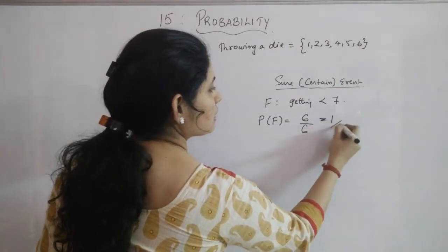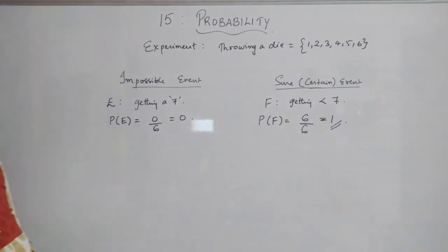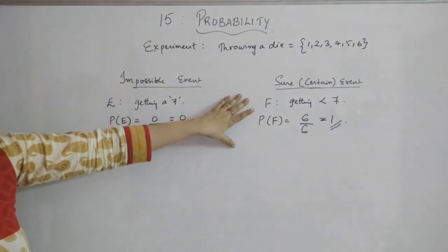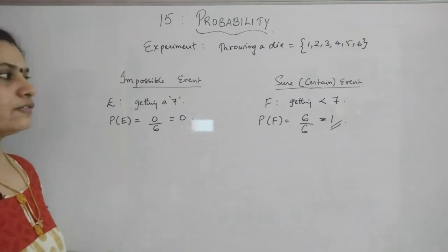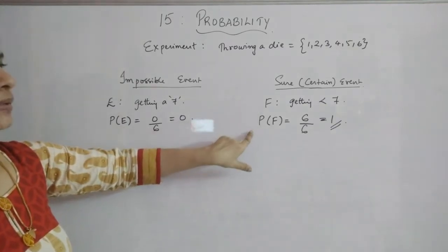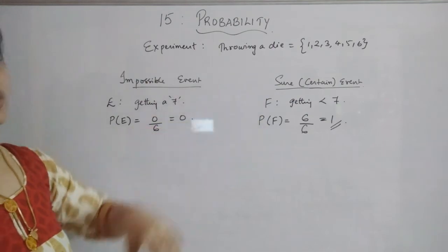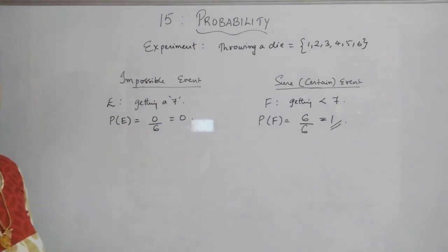You are getting the probability of the event of getting a number less than 7 to be 1, so you can say that the event is a sure event. That means if an event has its probability equal to 1, then it is known as a sure event or a certain event. Okay.